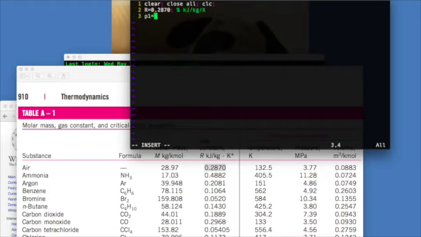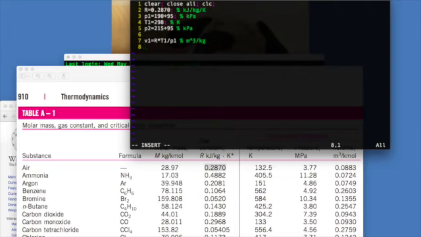And then put in our values of 190 plus 95 kPa, and T1 was 298 Kelvin. P2 is going to be 215 plus 95 kPa. And then we want to solve for our volume at 1, which is R times T1 on P1, meters cubed per kilogram.